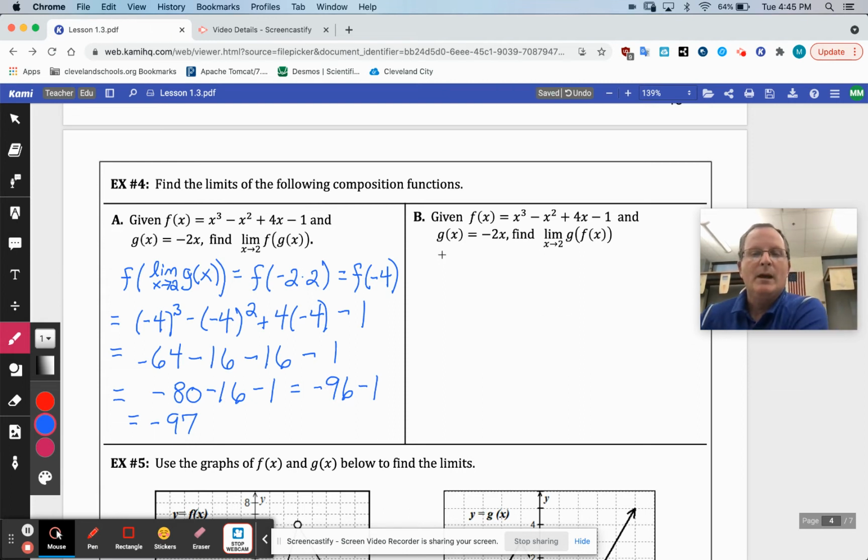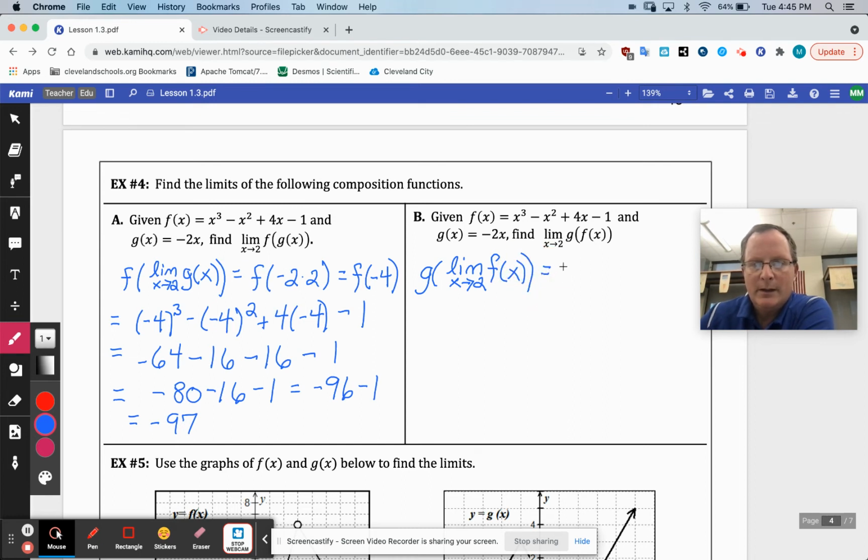Okay, same game, and now I love this. It's the exact same two functions, but this time it's g of f of x. So this will equal g of the limit as x approaches 2 of f of x.